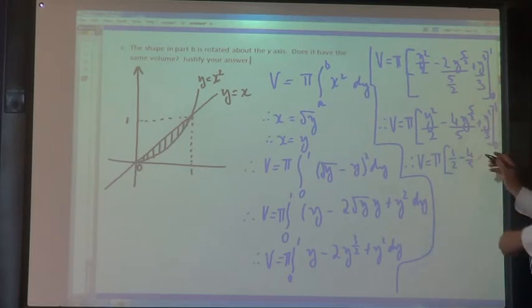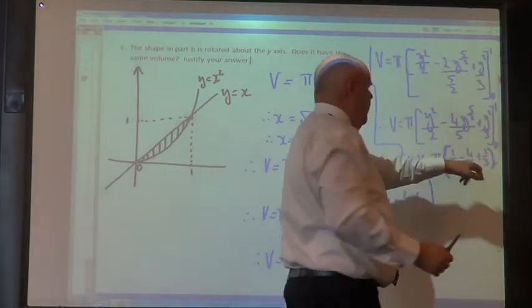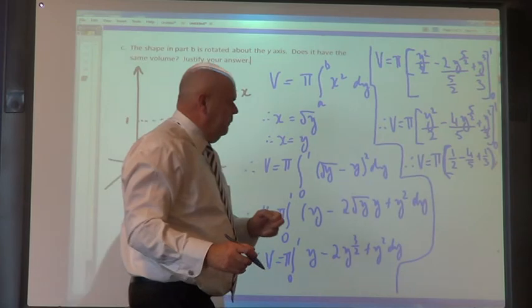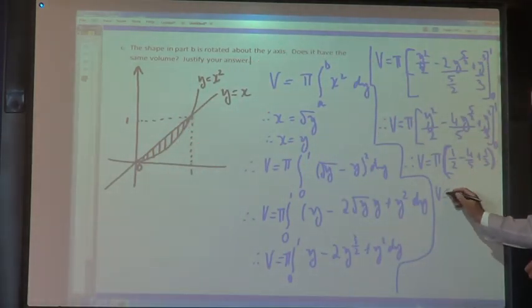And 1/3. Don't know what that square bracket's doing there, that should be a round bracket. So it looks like our common denominator would be something like 30, wouldn't it? 2, 5 and 3. So the volume equals pi, bracket, over 30.